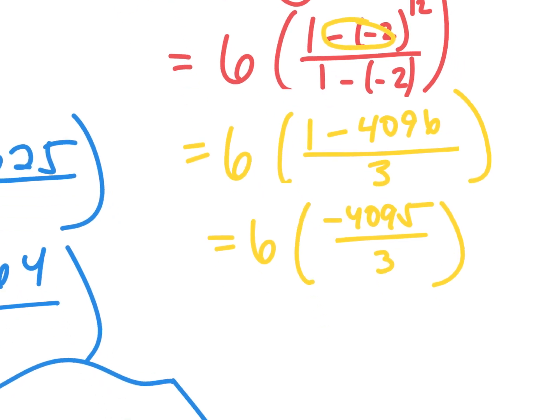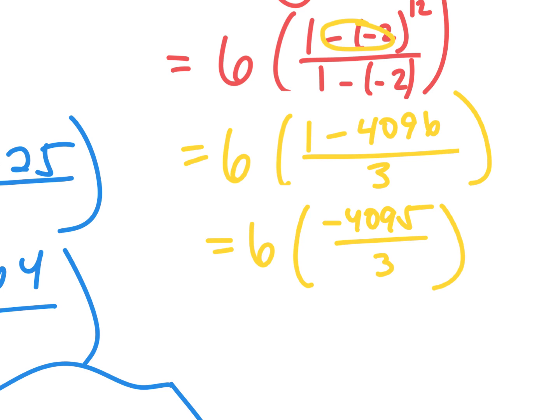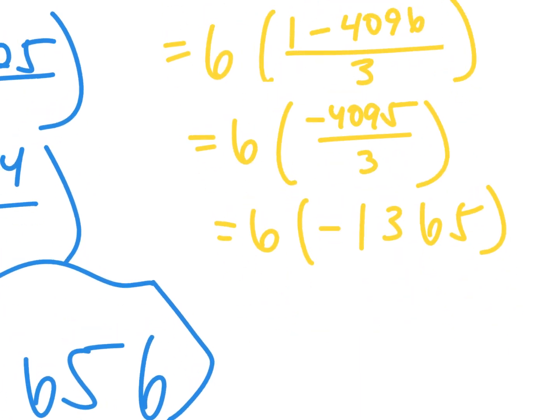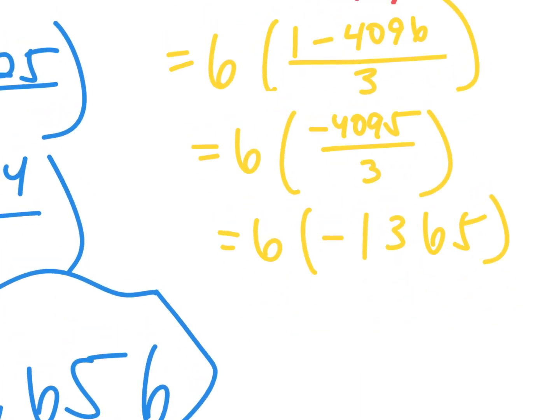God bless. Everybody should be doing this in calculator. -4,095 divided by +3. What do you get? Negative or positive? Negative 1,365. And then I multiply that by 6. -8190. There you go.